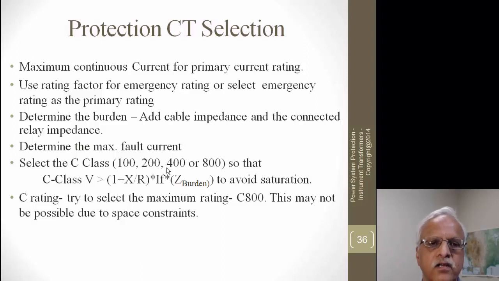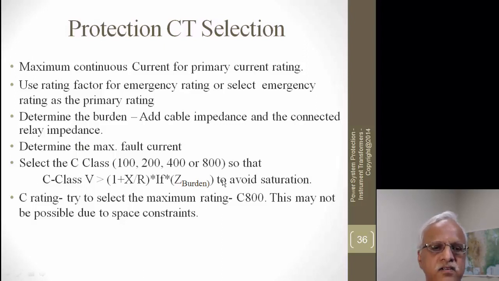Then determine the burden, add cable or connected impedance, and calculate. As I mentioned here, you multiply the voltage by 1 plus X/R. The reason is that you are actually looking at the flux inside the core. So that is why you are using the same class C rating.